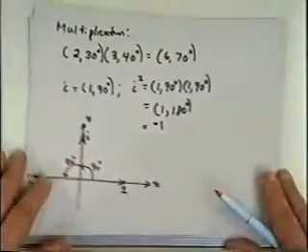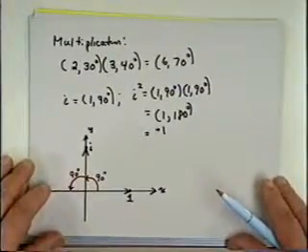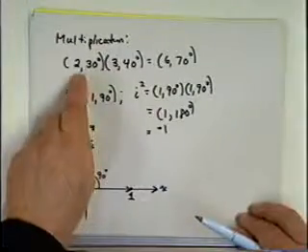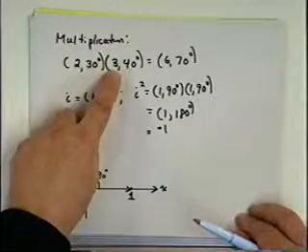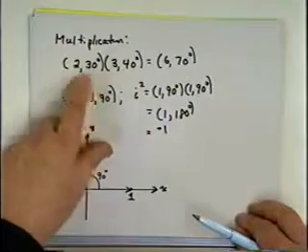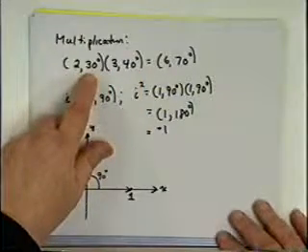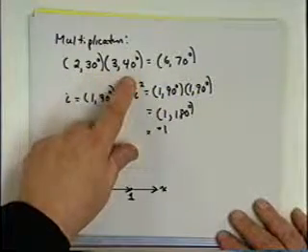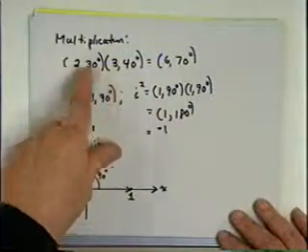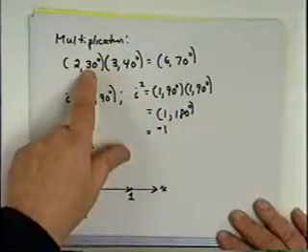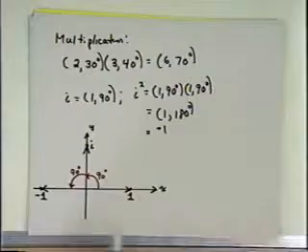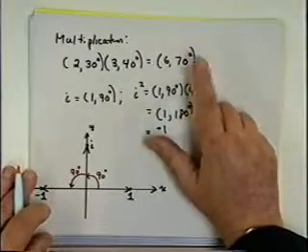And how did we agree to multiply complex numbers? We simply agreed to multiply the two magnitudes and to add the two angles. So for example, 2, 30 degrees multiplied by 3, 40 degrees: 2 times 3 is 6, 30 degrees plus 40 degrees is 70 degrees. So that would be 6, 70 degrees.